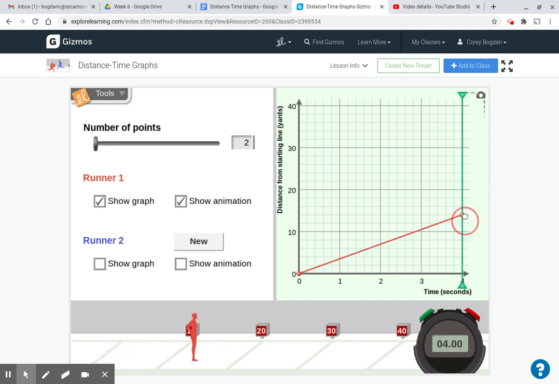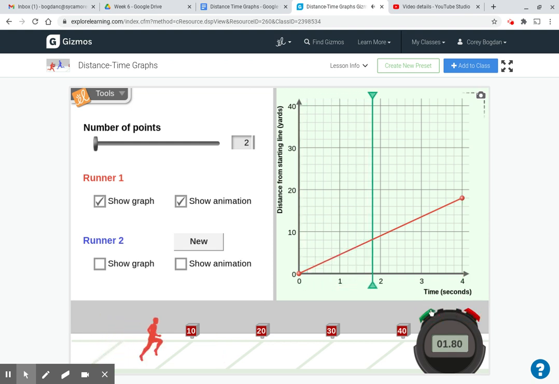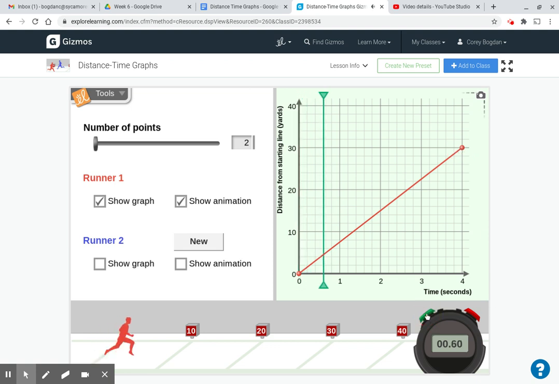So it seems to be that the steeper the hill, or the steeper the red line, I keep saying hill, the steeper the red line, the more distance they are going to cover in that 4 seconds. So if you're covering more distance in the same amount of time, that means that you are moving faster.